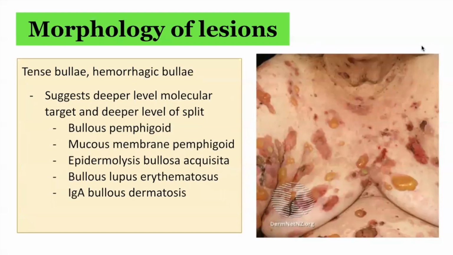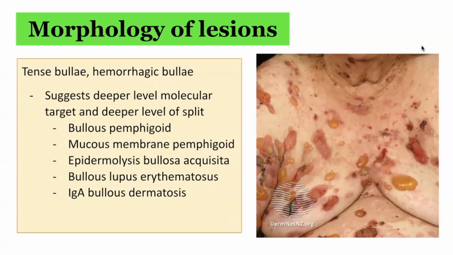In contrast, if you have tense bullae, which are relatively intact despite trauma, that suggests to us that the blister formation is quite deep in the layer of the skin, and therefore is not as easily disrupted by trauma. And that indicates to us that the target protein is likely deeper in the skin, so possibly at the dermal epidermal junction or in the subepidermal layer.